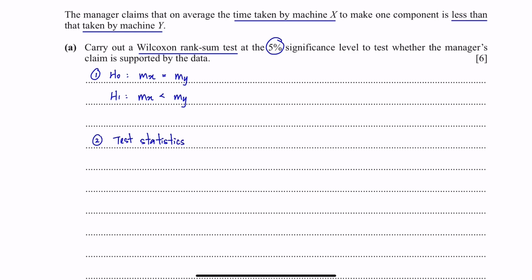So we need to first find M and N. M would be the smaller sample size, which is 8, and N would be 9, which is the larger sample size.